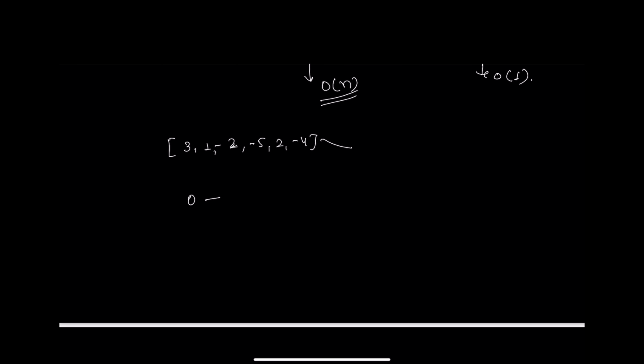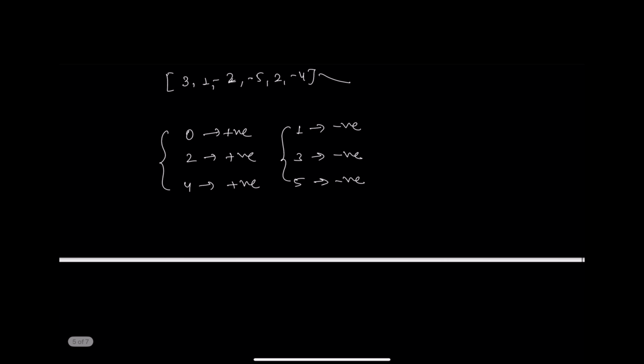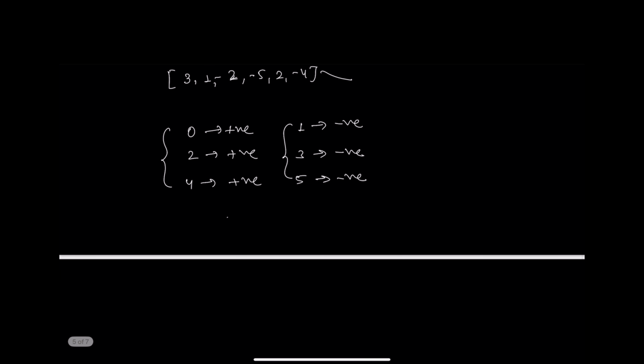At index 0 we are inserting a positive element, then at index 2 a positive element, then at index 4 a positive element. At index 1 we are inserting a negative element, index 3 a negative element, index 5 a negative element. Can't you observe something? We can: at 0, 2, 4 we insert the positive elements, and at 1, 3, 5 we insert negative elements.